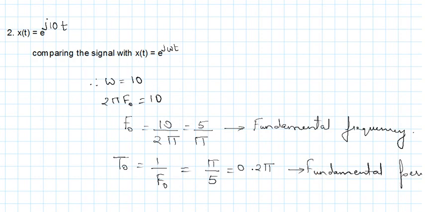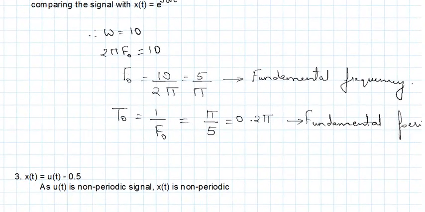Let us look at one more example. Here x(t) is given as u(t) minus 0.5. Now here x(t) is dependent on u(t). And what about u(t)? How is the u(t) signal?